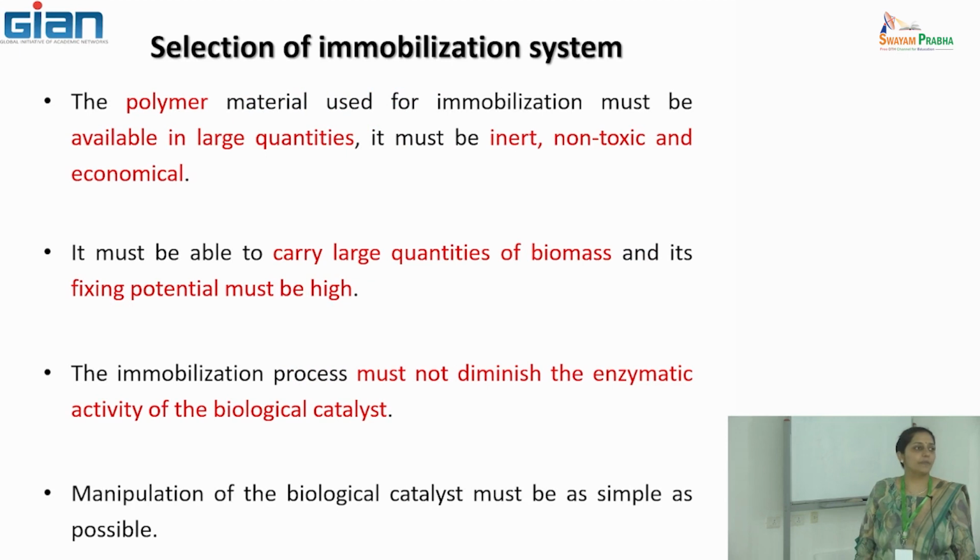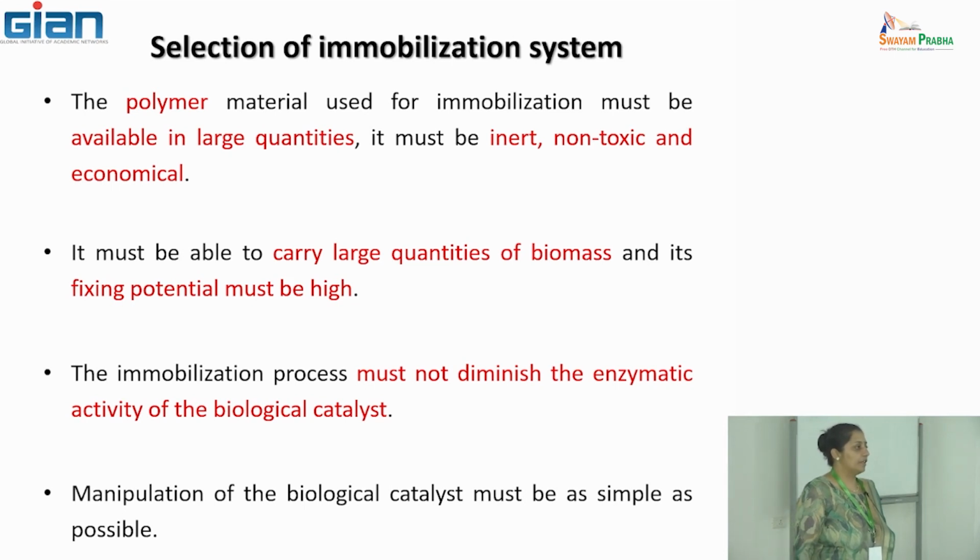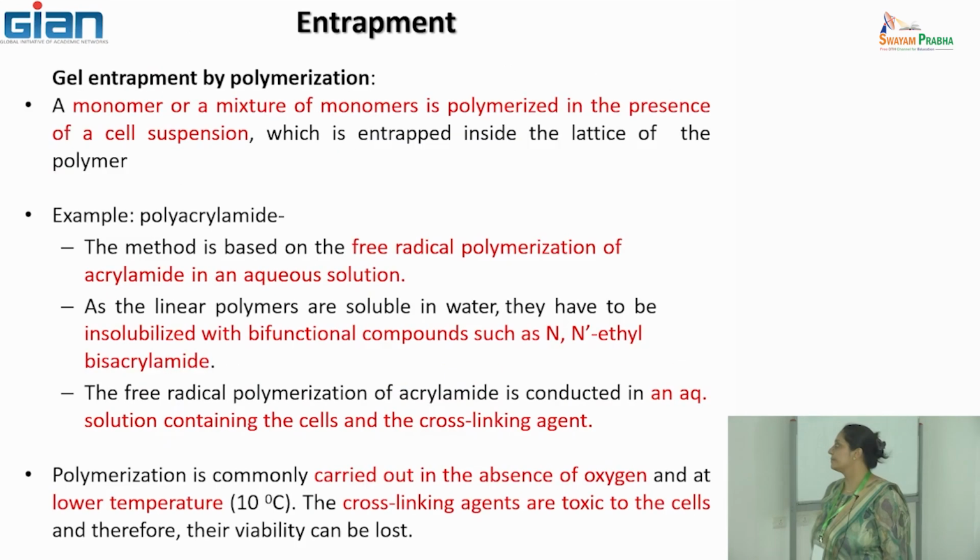Now, what care should be taken while selecting the polymers for immobilization? They have to be inert, non-toxic to the cells, and economical in nature, and obviously they have to be available to meet the demand. The process of immobilization should also not be such that it can diminish the enzyme activity of the cell.